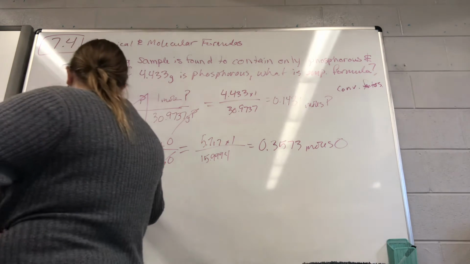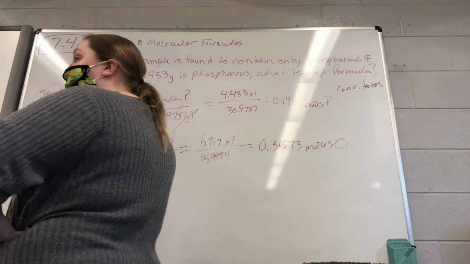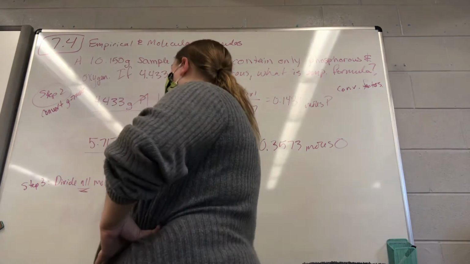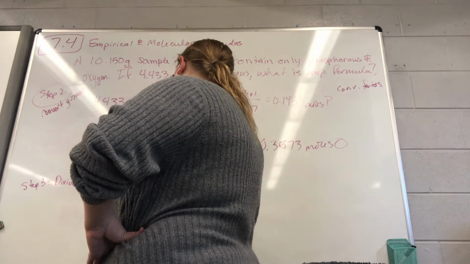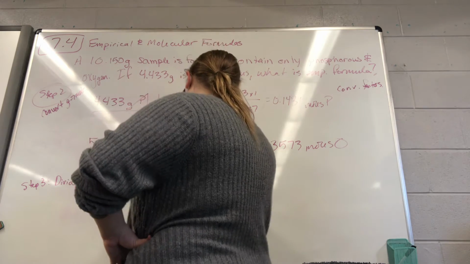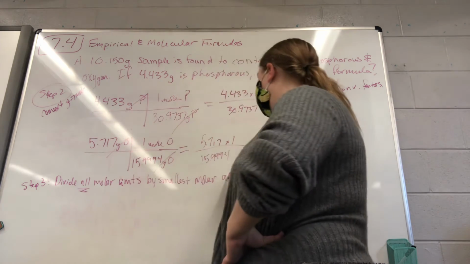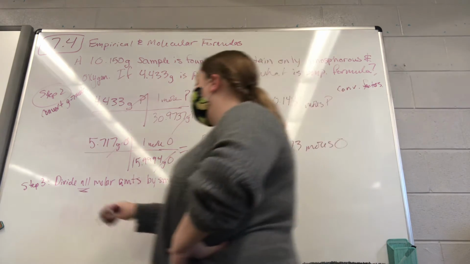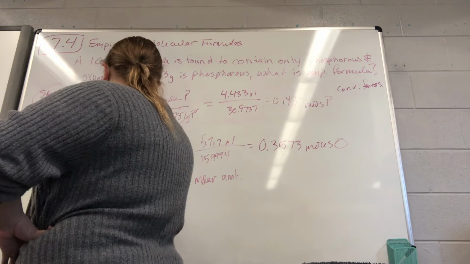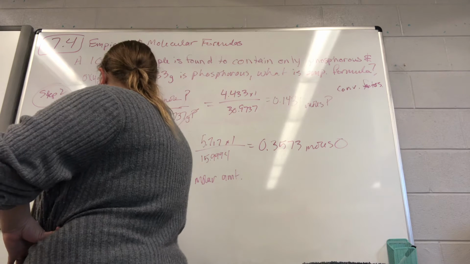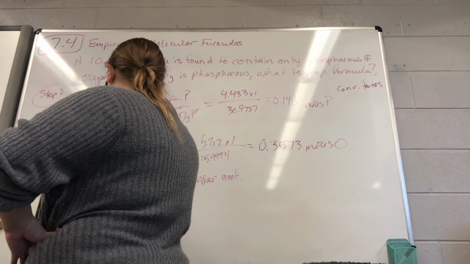all molar amounts, that includes the one that you're using, all molar amounts by the smallest one. So we're going to do 0.1431 over 0.1431.